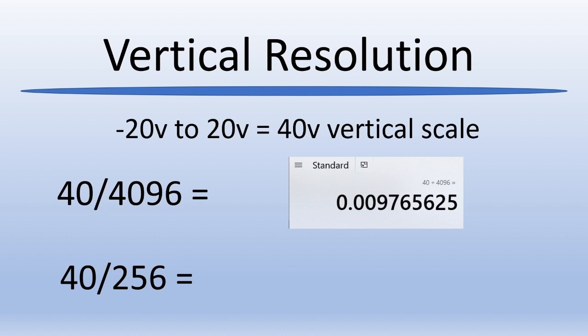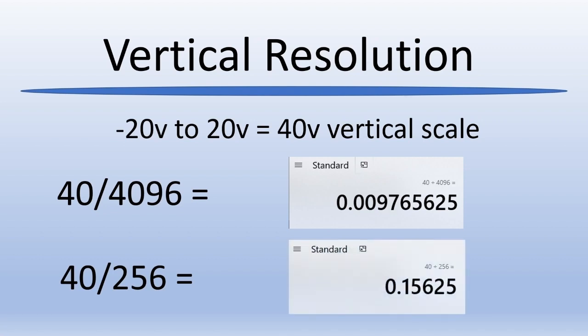I've never needed anywhere near that much accuracy. But the same setting on an 8-bit scope would actually give us an accuracy of only 0.156 volts or 156 millivolts. And that's actually enough to make a difference, and that is why you need a 12-bit scope.